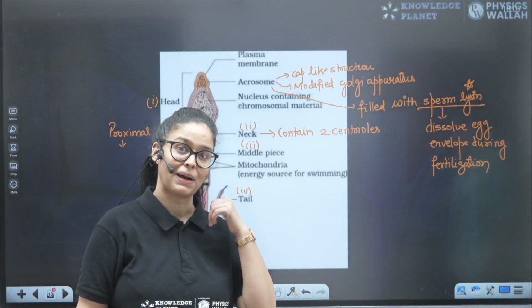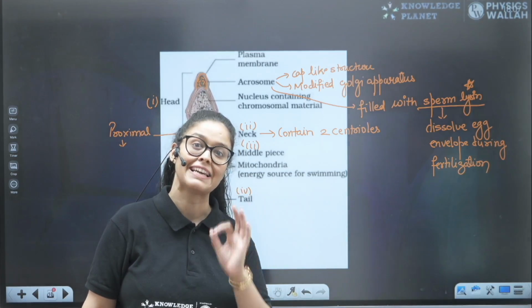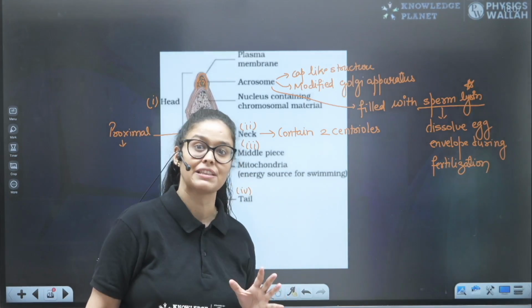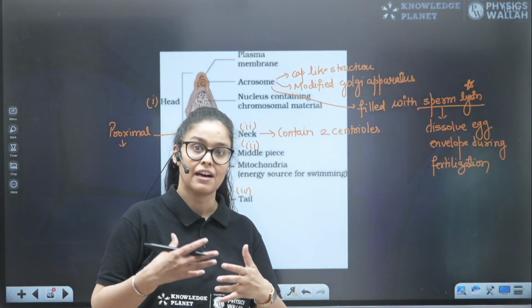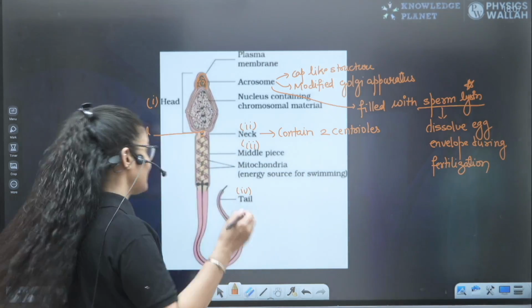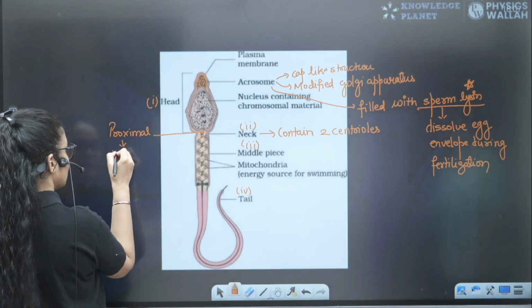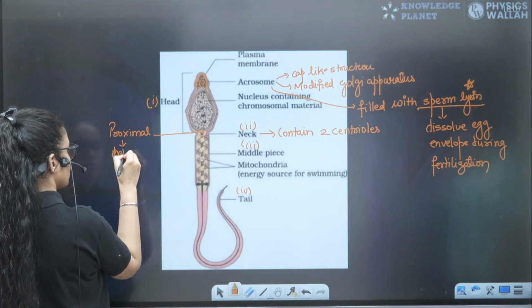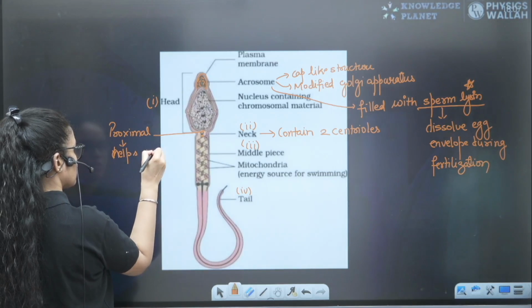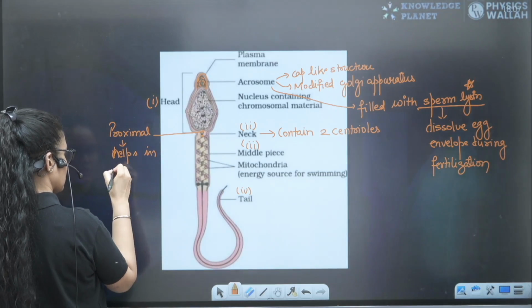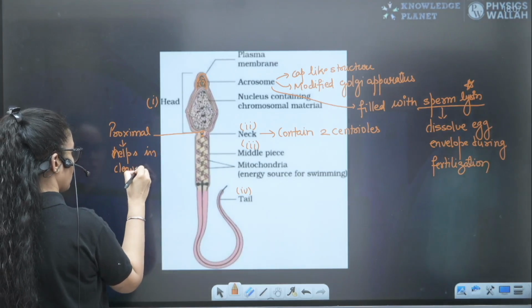It is donated by the sperm during the division, during zygote formation, which you will see. So the proximal centriole helps in cleavage after fertilization. It will help in the division of the embryo.